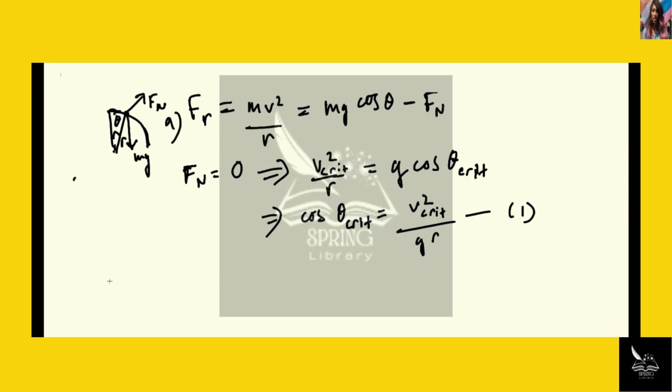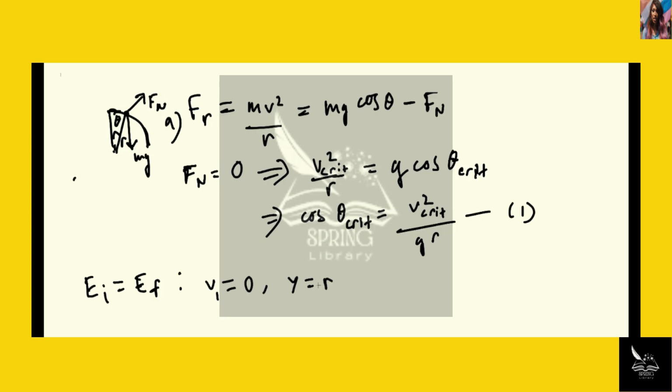All right, then we use energy conservation. So E initial will be equal to E final. Initially, there's no velocity, so v1 is 0. We find the relationship between y and r with a little trigonometry.